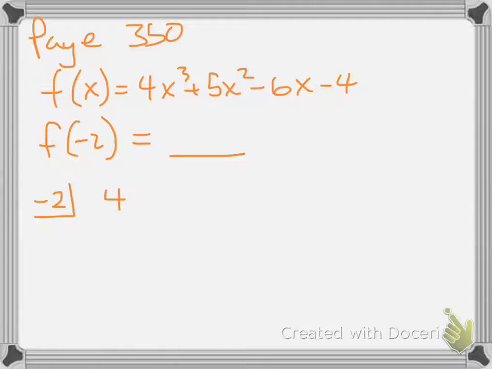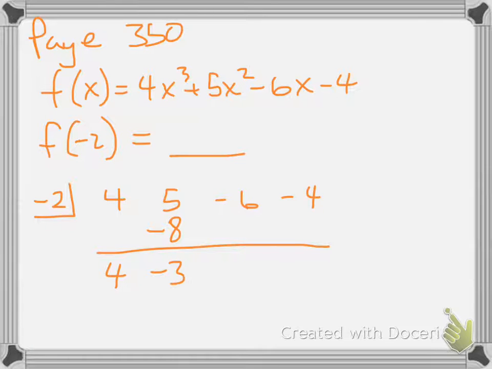And we're going to use 4x cubed, 5x squared, negative 6x, negative 4. Bring down the 4. And then we're going to do the synthetic division process to find the remainder. What we're interested in here is the remainder. So that would give us negative 2 times 4 is negative 8. Negative 2 times negative 3 is 6. All right, positive 6 and negative 6 is 0. That gives me 0 here. Remainder is negative 4. That means this is negative 4.